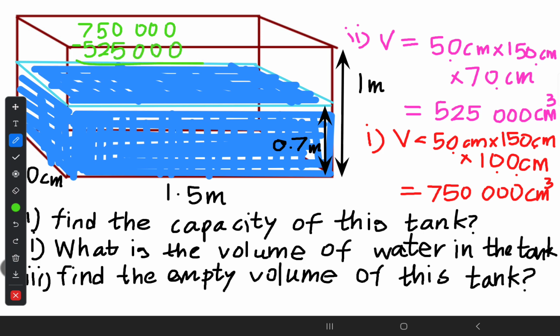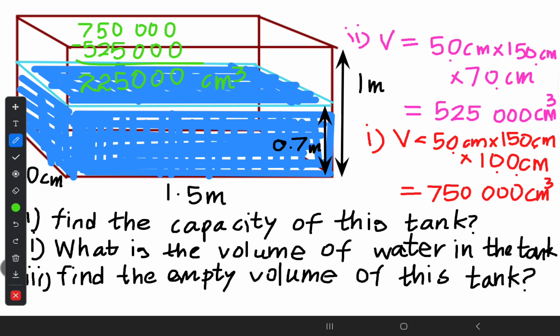So that will give you 225,000 cubic centimeters. That is the empty volume of this tank in cubic centimeters.